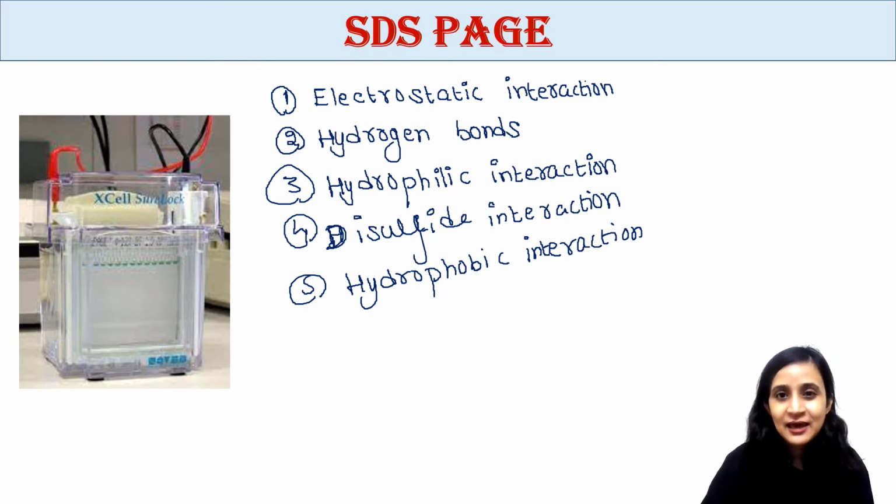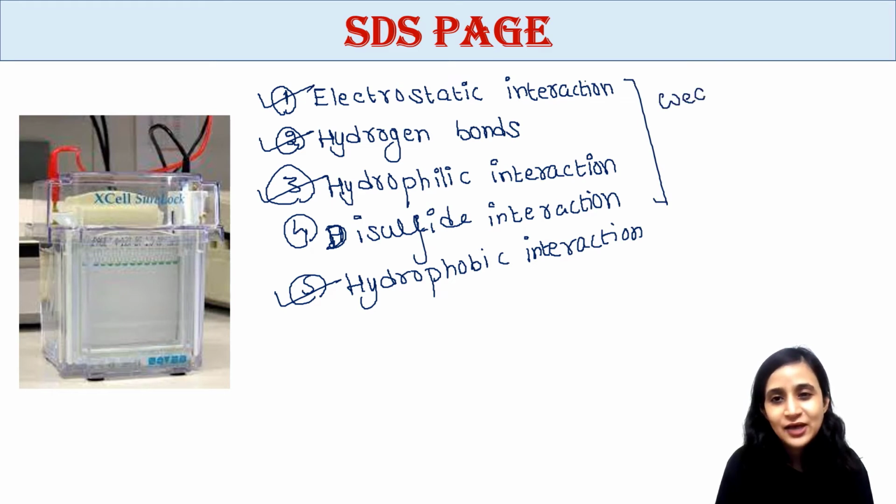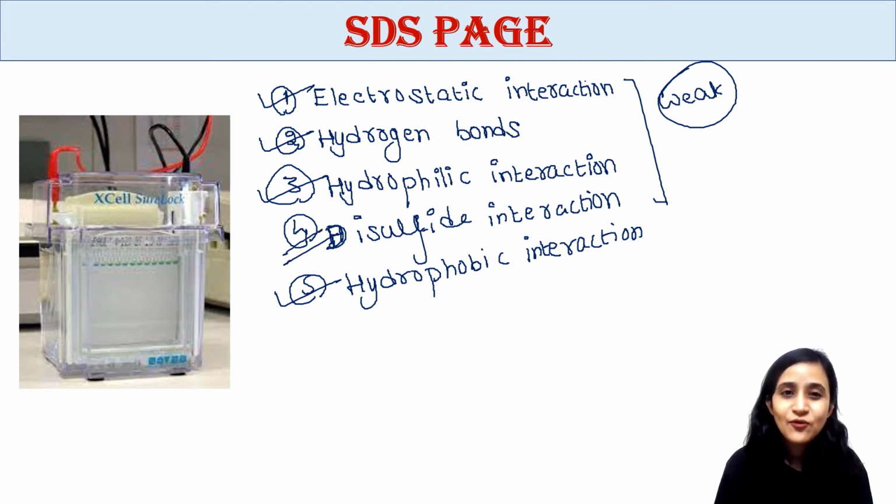Among them, electrostatic interaction, hydrogen bonds, hydrophilic interaction and hydrophobic interaction are all very weak interactions, except the disulfide interaction or disulfide bond. In SDS PAGE, we use SDS.